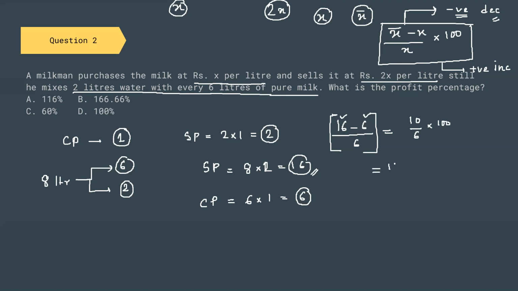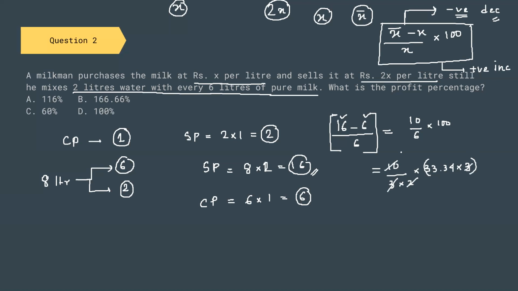What do we know? We know that 10 is 5 into 2, and 100 can be written as 33.33 into 3. So I have simplified it and written it like this. I can cancel 3, I can cancel 3.